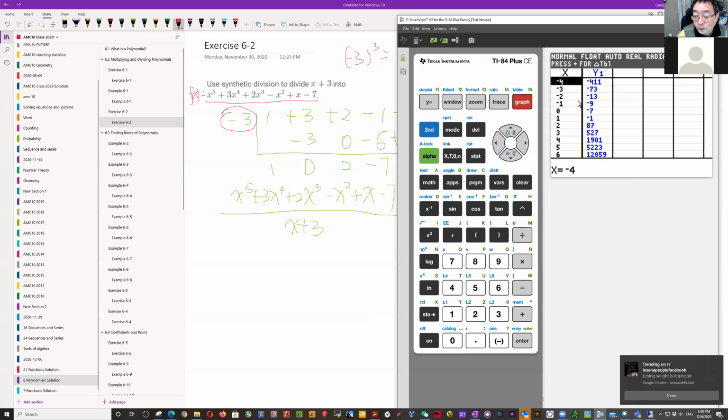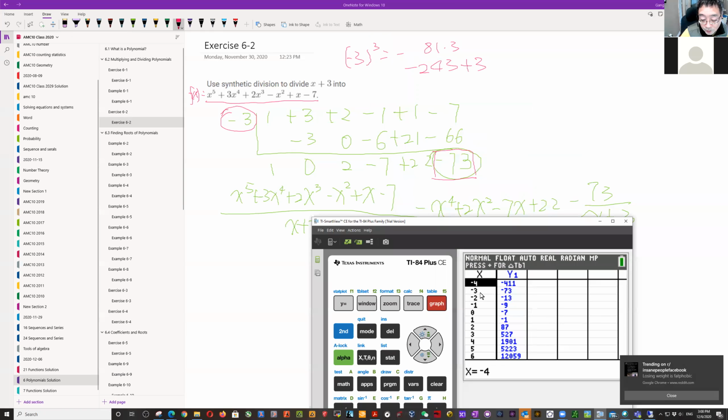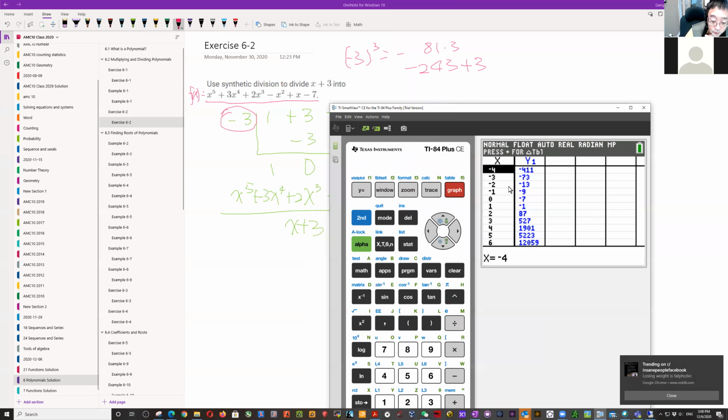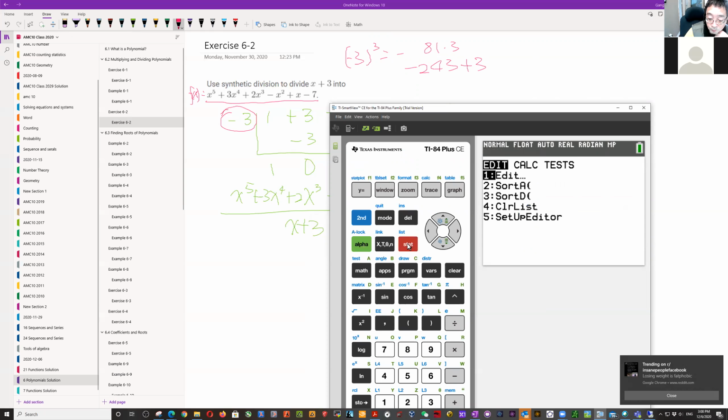Second table. Yeah, it's actually negative. I think I typed something wrong. So at -3, it's -73. So you can use this to calculate it.